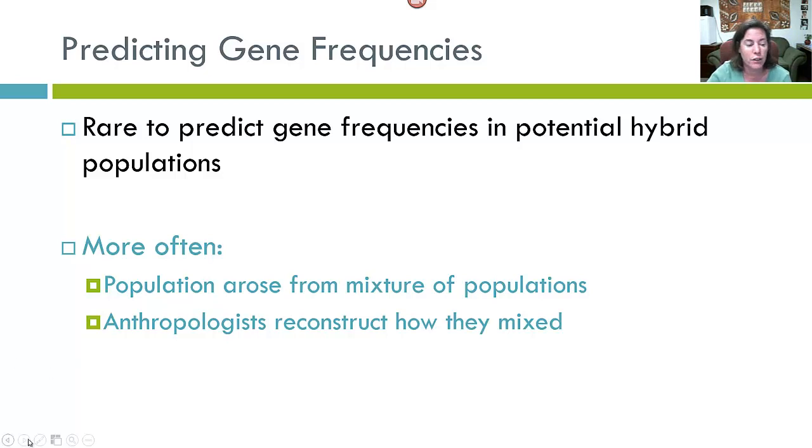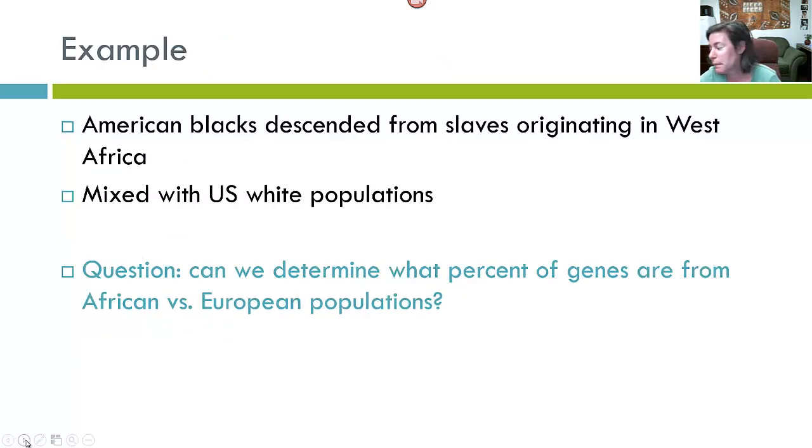Okay, let me give you a specific example. We know, for example, that American blacks are descended from slaves that originated predominantly from West Africa. We also know that American blacks have interbred with the U.S. white population, some might call it the European U.S. white population.